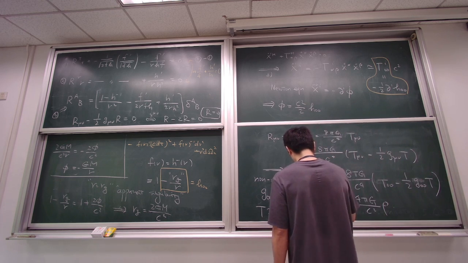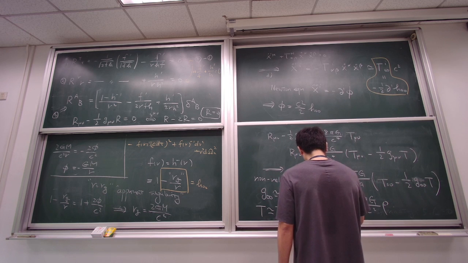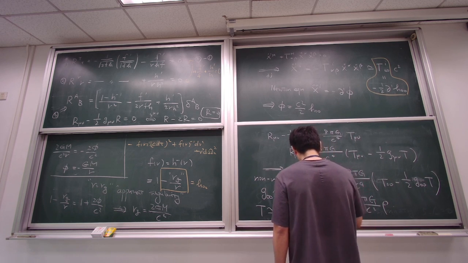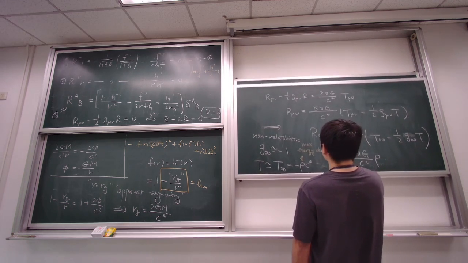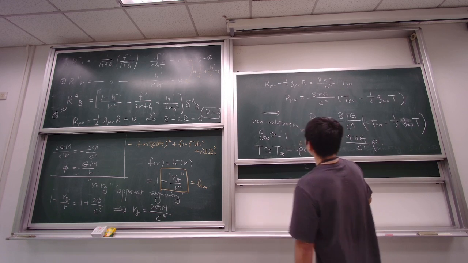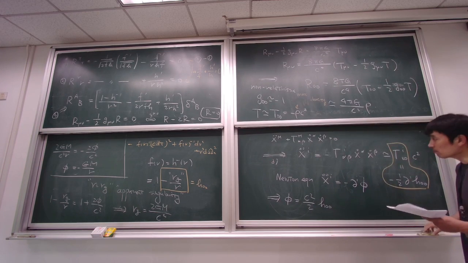This is the energy density or mass density in the non-relativistic limit. I think mass density is more precise because we multiply by C squared.